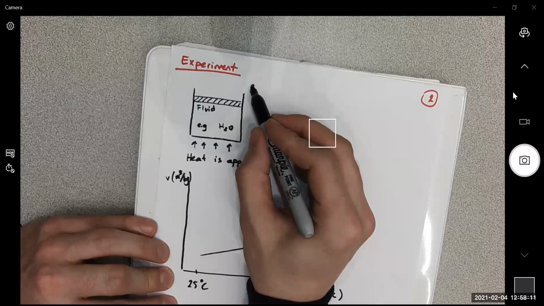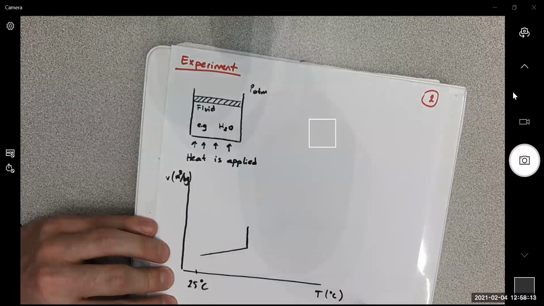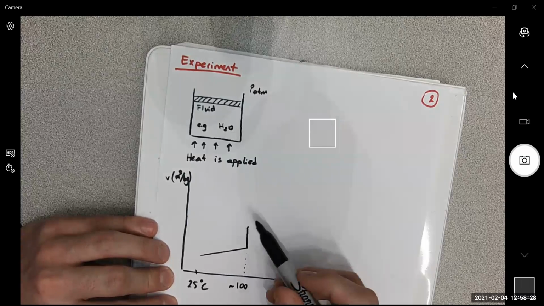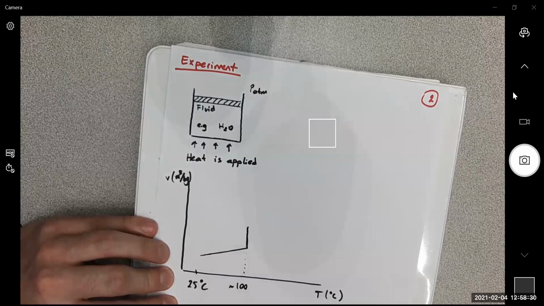Temperature stays constant for 1 atmosphere. Let's say this is pressure P1, right? What is the boiling temperature of water? It's around 100 Celsius. When I boil, evaporate every single molecule in that container, I increase the quality to vapor, which makes it superheated vapor.